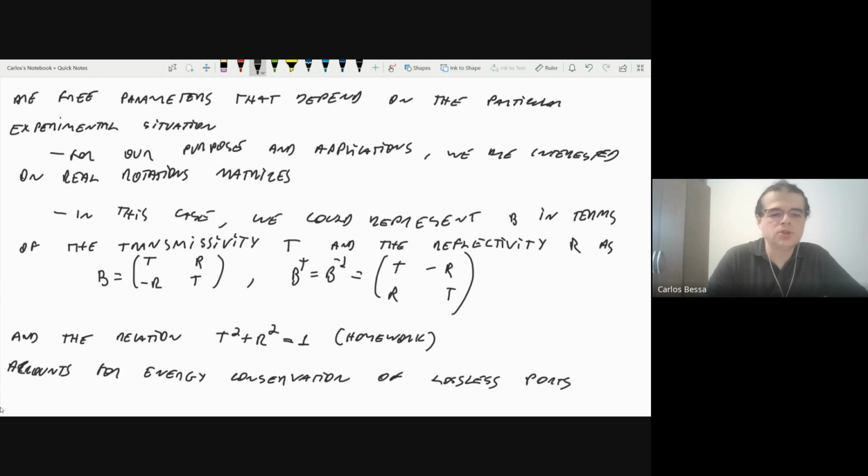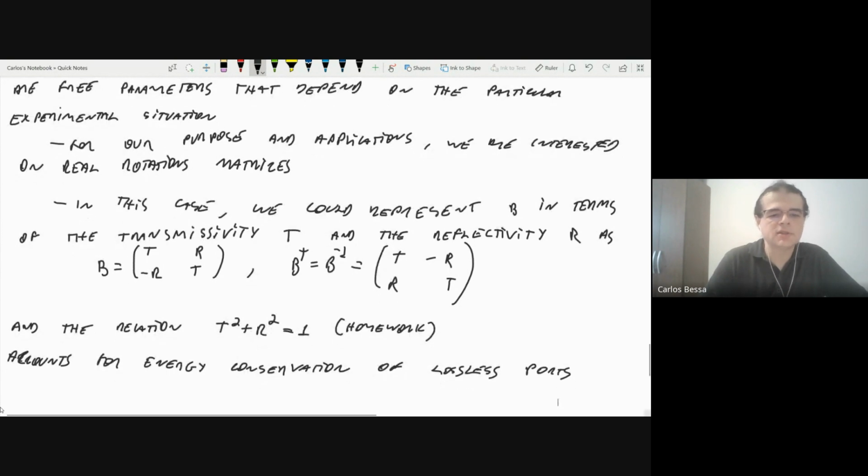And we have a lot of options to choose T and R that satisfy these conditions. But we choose the simplest here.